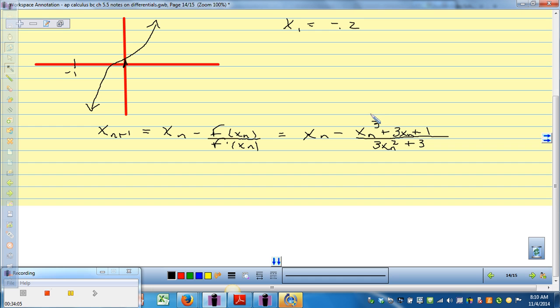So, here is the way I would suggest you do this. I would put this in y1. Okay? And I would find y1 of negative 0.2 to start. And I'll get a value for this.